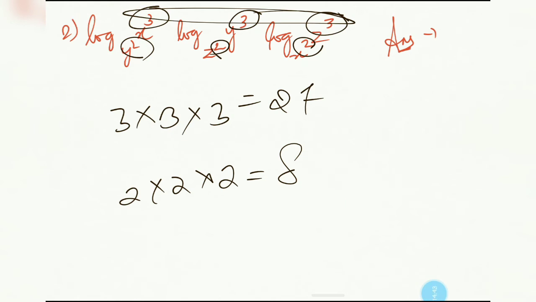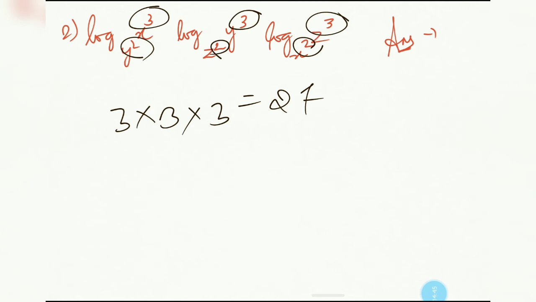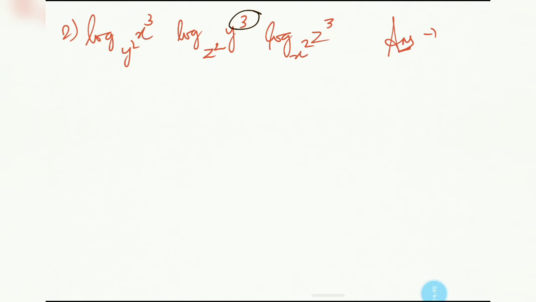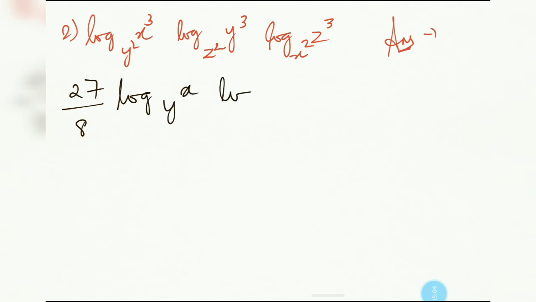That's it. Okay, so I'll write it neatly stepwise so that you can understand clearly. Okay, so I have multiplied everything, right? So 3 into 3 into 3 is 27, and 2 into 2 into 2 is 8. So into log x to the base y into log y to the base z into log z to the base x.